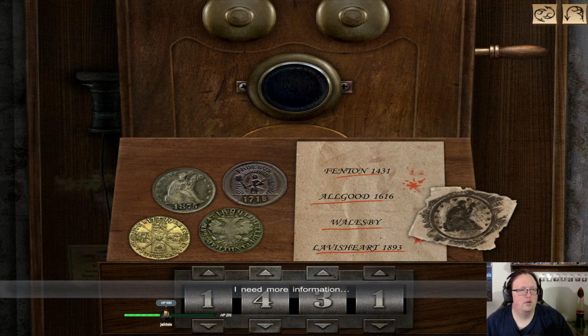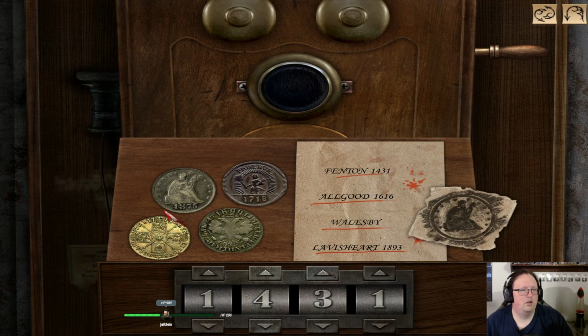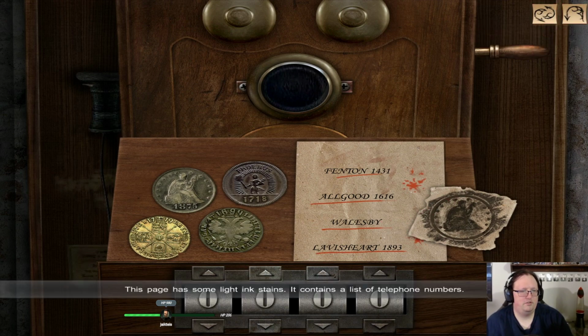I need more information. Ooh, Wallaby. There's no number. This page has some light ink stains.